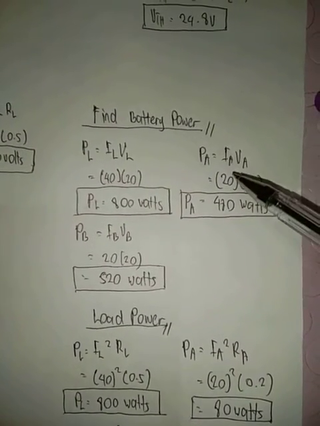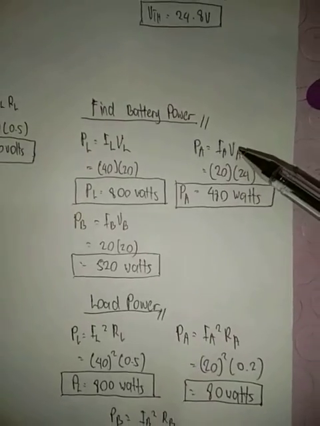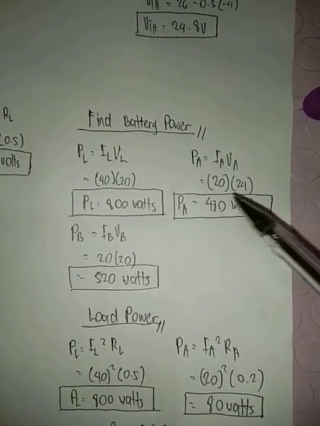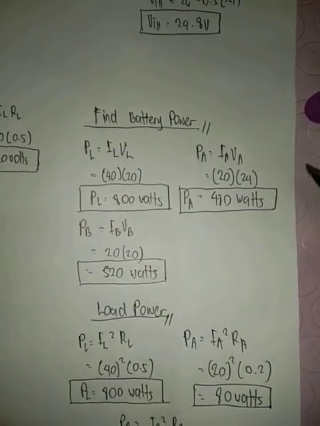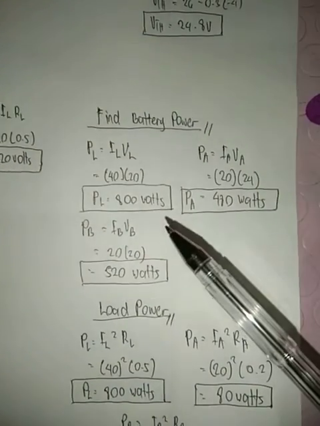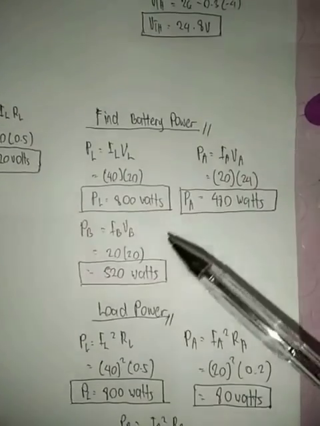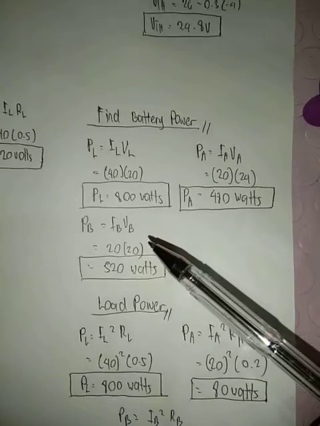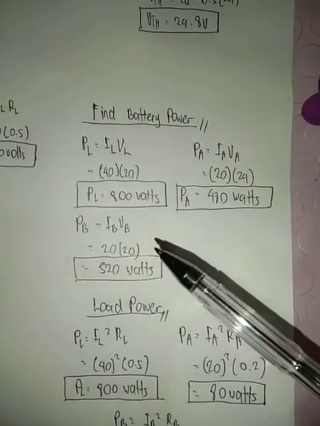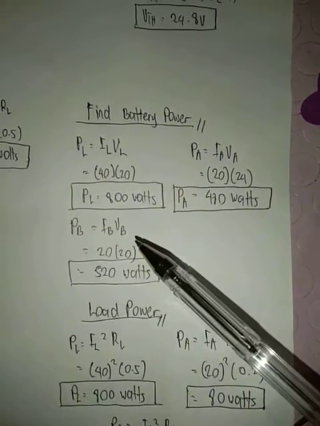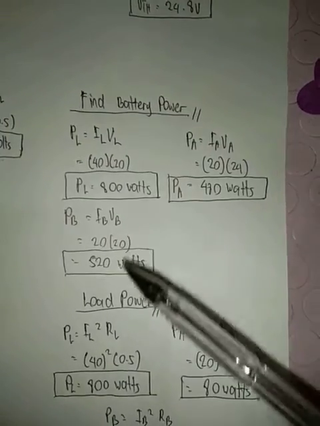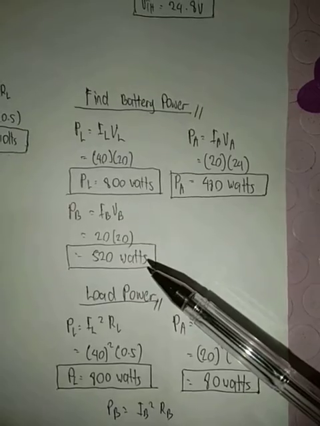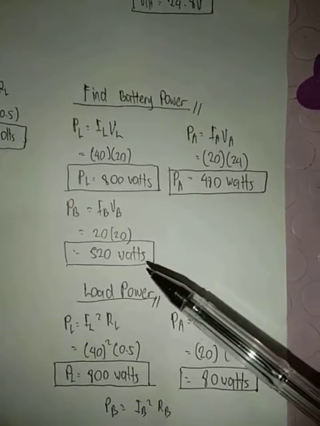IA equals 20, then the voltage 1 or VA equals 24. So PA equals 480 watts. PB is the same: IB times VB. IB equals 20, then the voltage 2 or VB equals 420. Then 20 times 20 equals 520 watts.